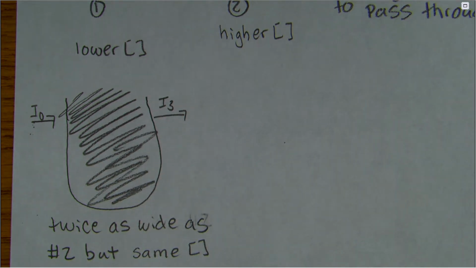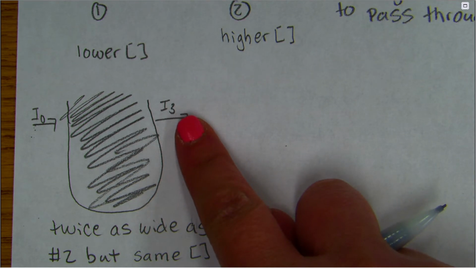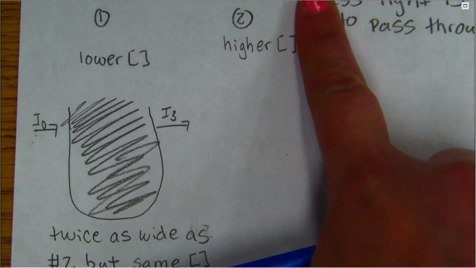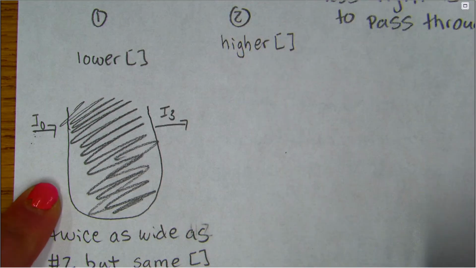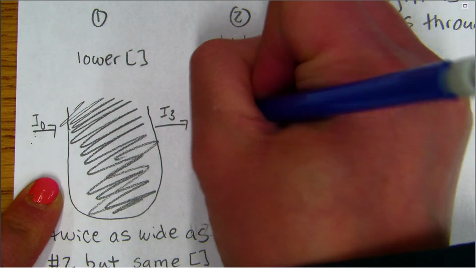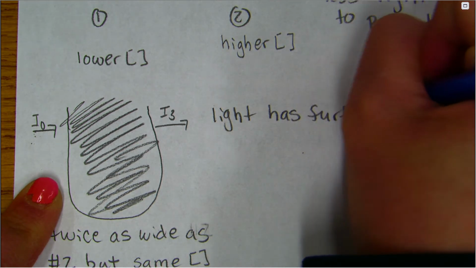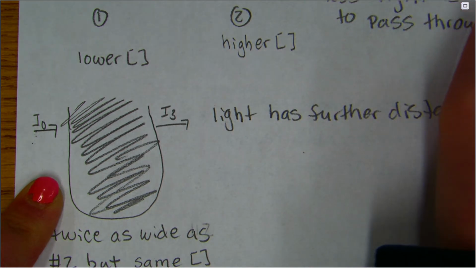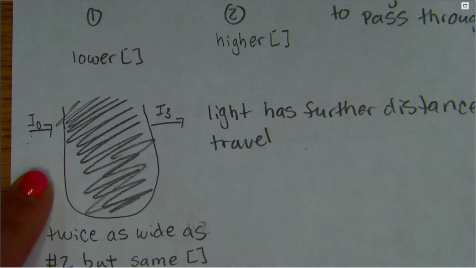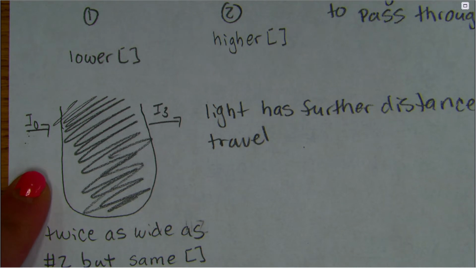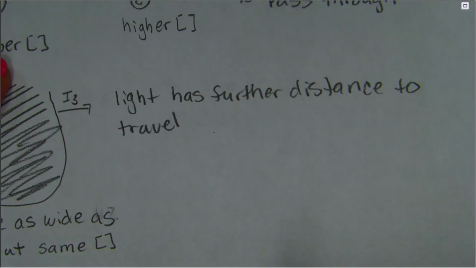What's going to happen when this light comes out? Let's compare the light of 3 to the light of 2. The cuvette is wider, so my light has a further distance to travel. So it will bump into more particles and more light will end up being absorbed.